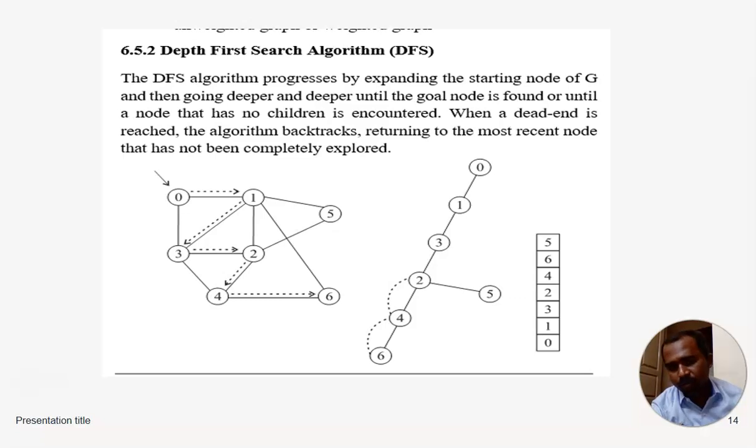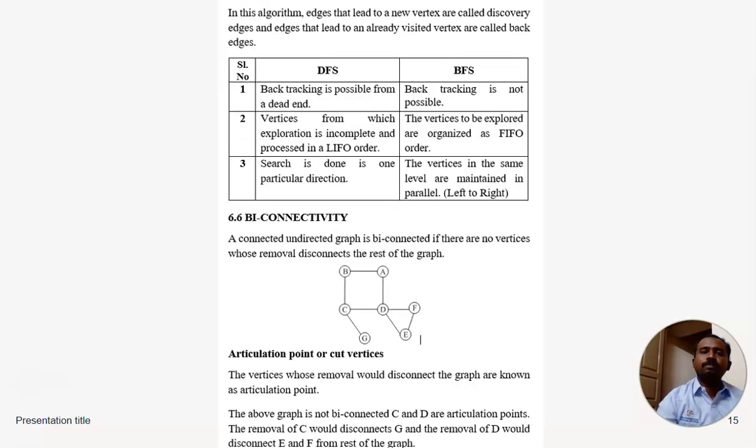I have reached node 5. And also the stack implementation is used. Stack implementation means last in first out. The last node is 5, and from 5 we move to 6, 6 to 4, 4 to 2, 2 to 3, 3 to 1, 1 to 0. This is the output of the stack implementation.